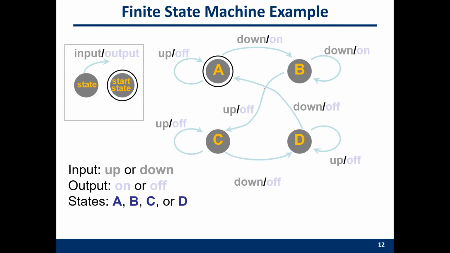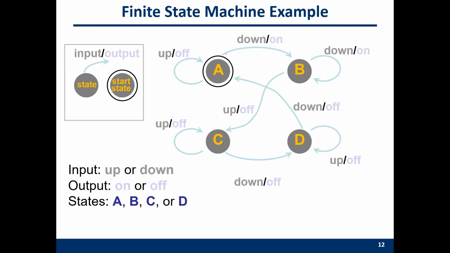We have 4 states, which are A, B, C, D. And then the connections here are the transitions. We have a specialized state, tagged like this. Besides the state symbol itself, we have one extra circle here. This is the start state.